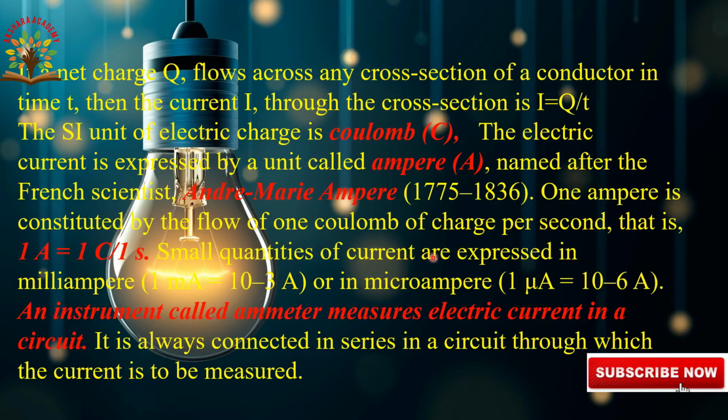Small quantities of current are expressed in either milliampere or microampere. We measure the electric current using an ammeter. An instrument called an ammeter measures electric current. An ammeter is always connected in series in a circuit through which the current is measured. Okay, next.